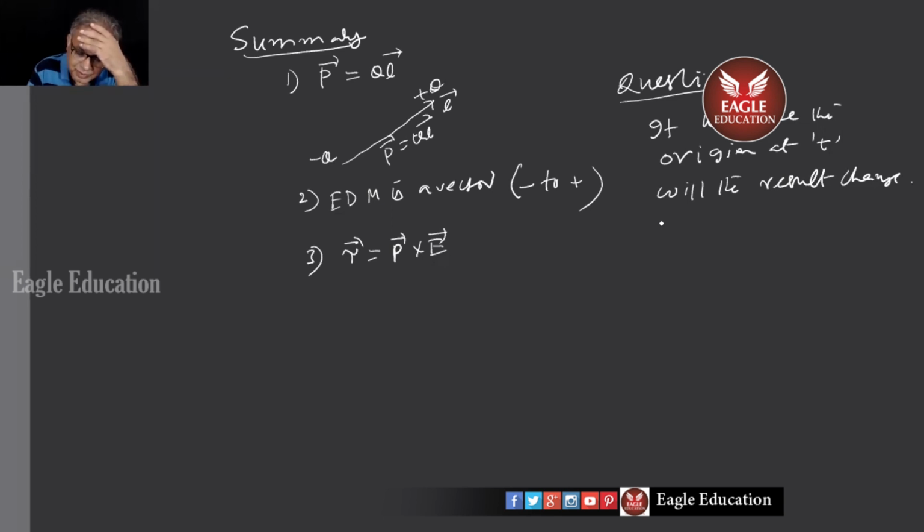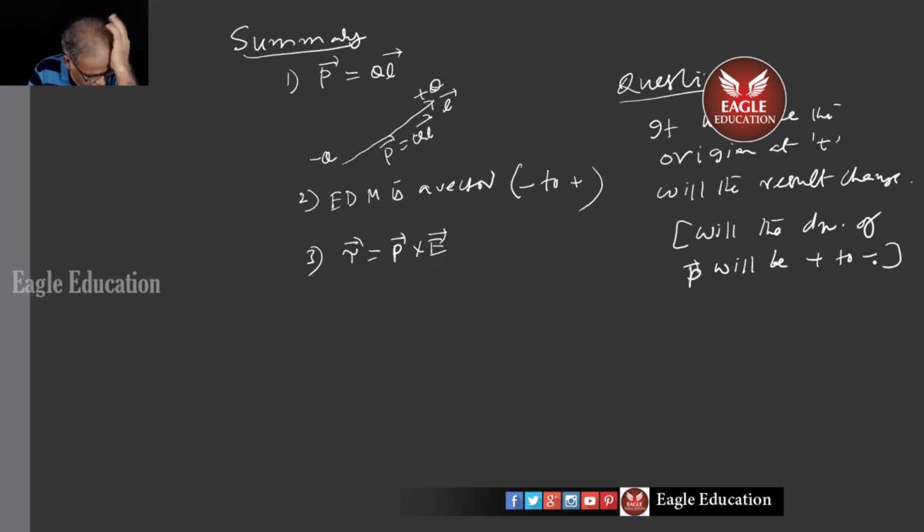Means, will the P vector be from plus to minus? In other words, will the direction of P be from plus to minus? Tell me.